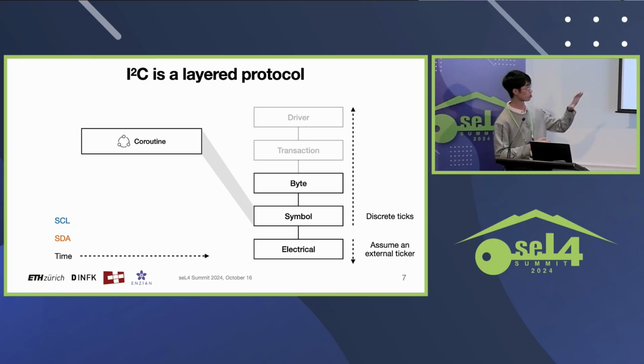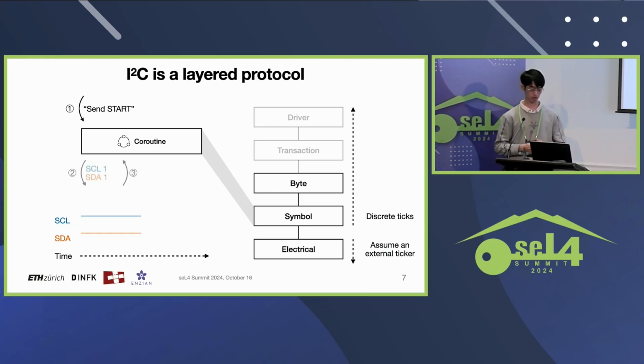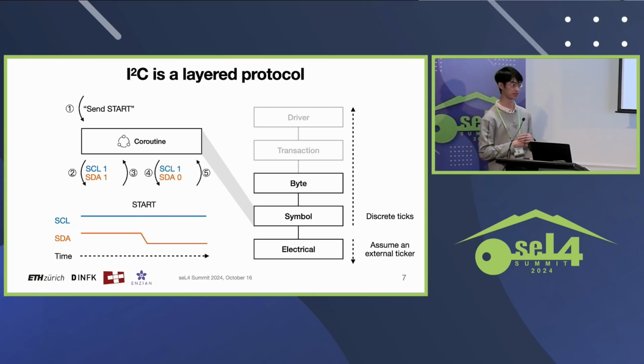So let's focus on the interaction of the lowest three layers. For example, if the byte layer wants to send a start symbol, it first communicates with the symbol coroutine. And then the symbol coroutine will say, let's set both SCL and SDA to high. And then it reads back the voltage level from the wires. And then it says, let's keep SCL high, but set SDA to low.